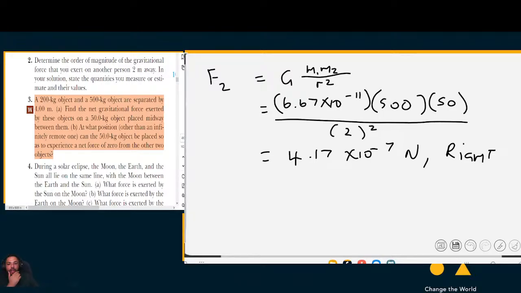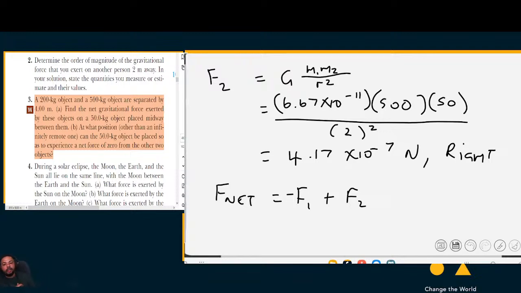If we want to find F net, the net force on that 50 kilogram mass, in this case I'm going to choose right as the positive direction, so it's going to be negative F1 plus F2.